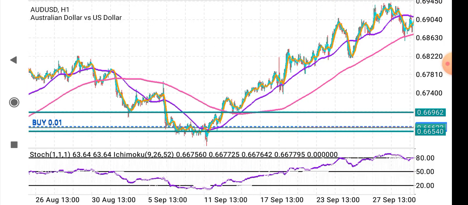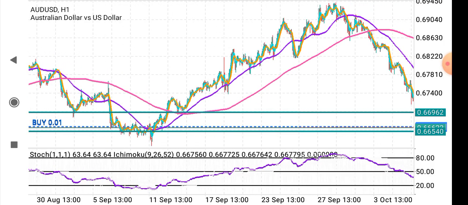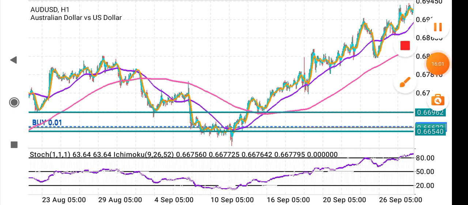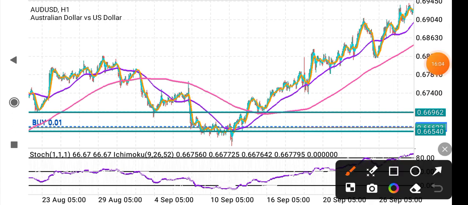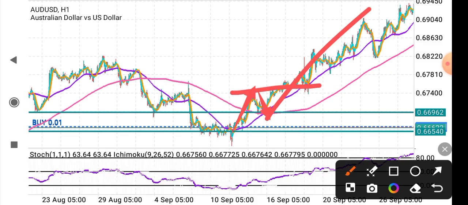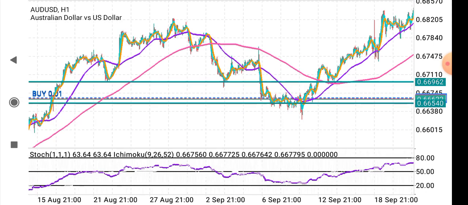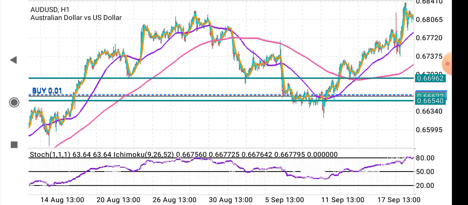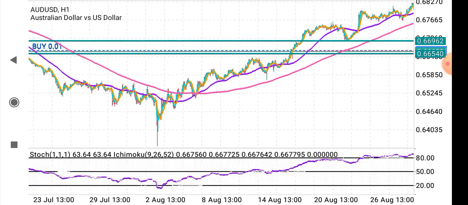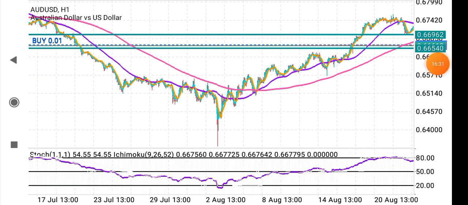So let us go back. We can see the same changes. We can see like this region, the market broke, it came back to retest. So if you know how to enter, you could have entered there, or wait at this safe zone, then you ride. You can see the same also at this region.